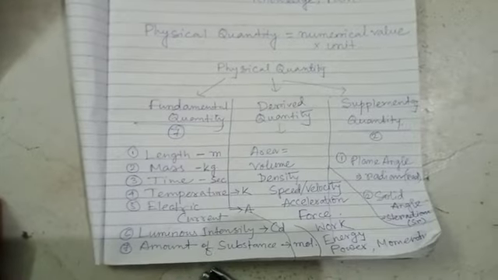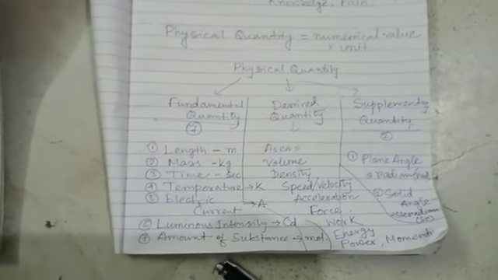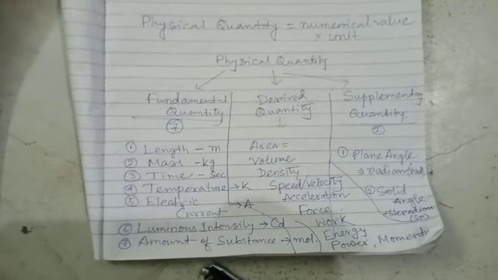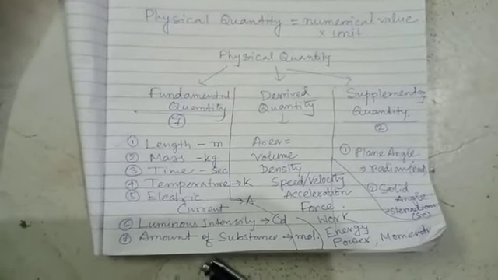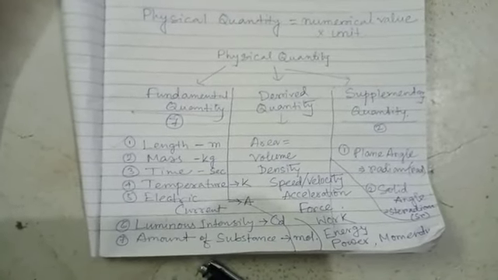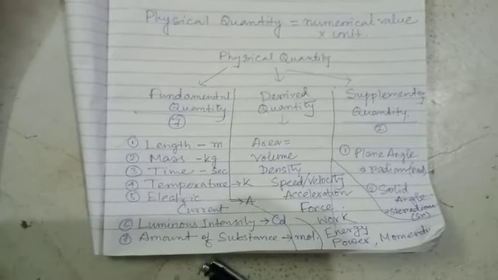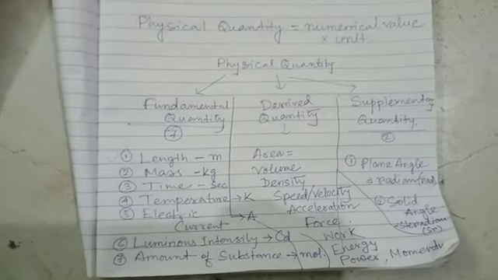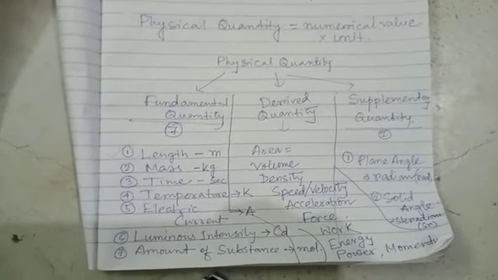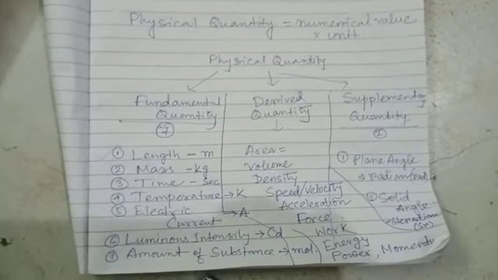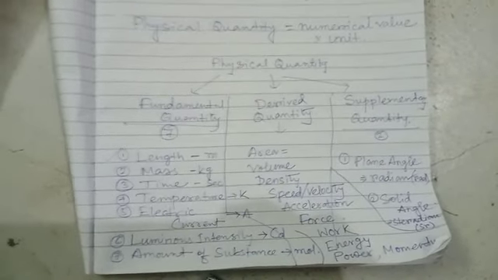For that system, because before that every country used different types of units, like the British used the FPS unit. They measure the length using the foot unit. They measure the mass using the pound unit. They measure the time using the second unit.